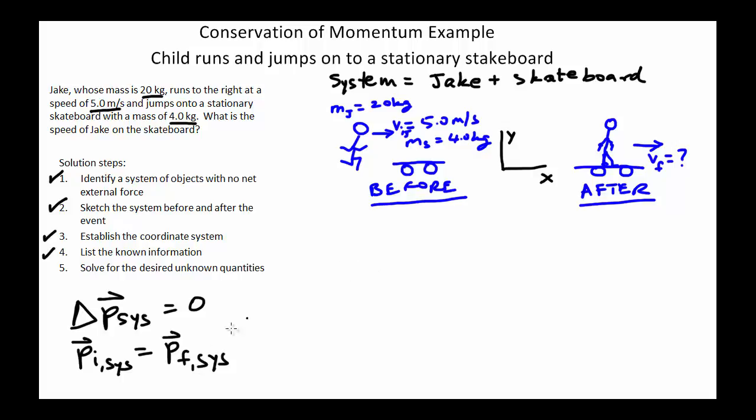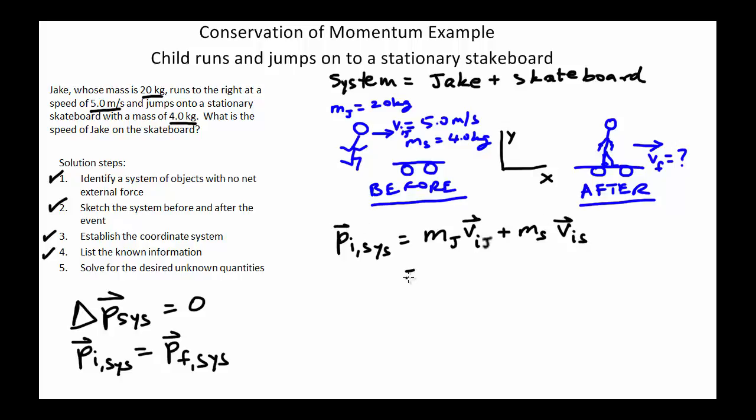As we discussed in the previous video, the momentum of the system is simply the vector sum of the momenta of the individual objects in the system. So our initial momentum of the system would be the mass of Jake times the initial velocity of Jake plus the mass of the skateboard times the initial velocity of the skateboard. And here are our vectors in this case.